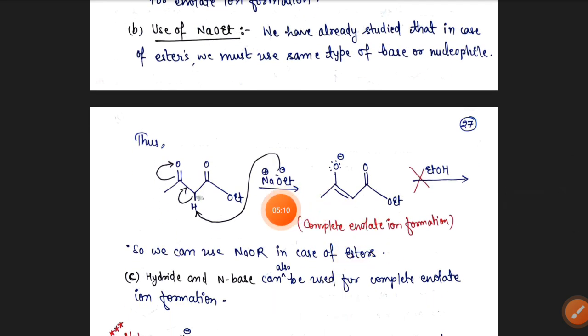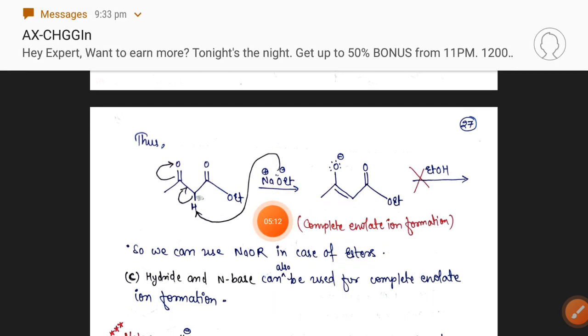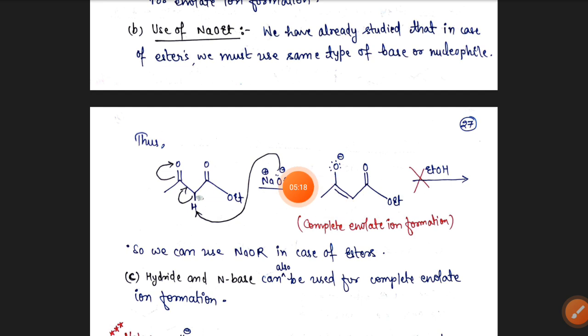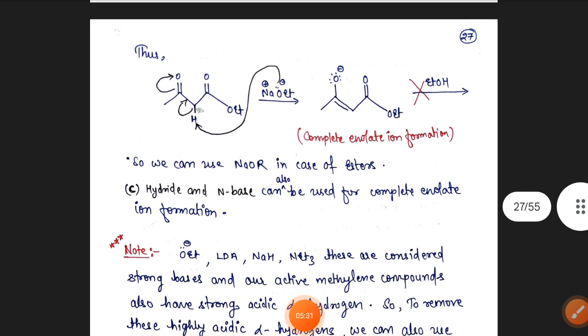Thus, if you use sodium ethoxide, it acts as a base and abstracts hydrogen from the active methylene group, and the resonance structure is this. So complete enolate ion formation occurs because it is more stable; the substitution reaction does not take place. So we can use NaOR in the case of esters. Hydride and nitrogen bases can also be used for complete enolate ion formation.